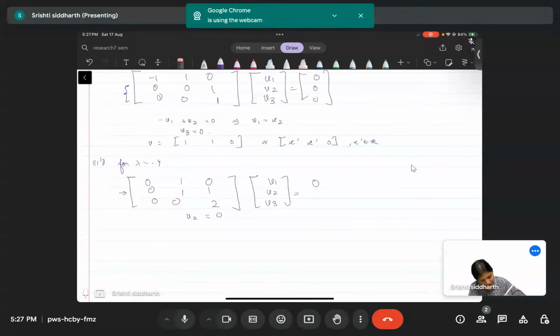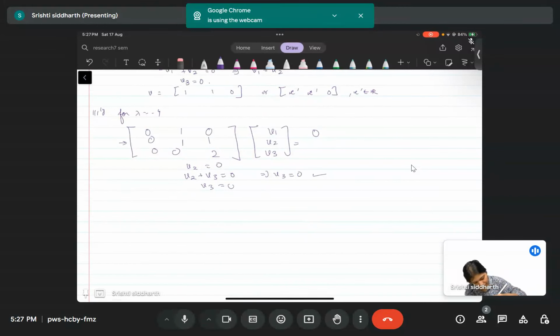And this is v2 plus v3 equals 0, which implies that v3 equals 0. And the last row implies that v3 equals 0, which I already said. So for v1, there is no restriction, so v1 can be any real value. So the eigenvector associated with lambda equals minus 4 is, for example, 1, 0, 0, or some constant c double prime, 0, 0.